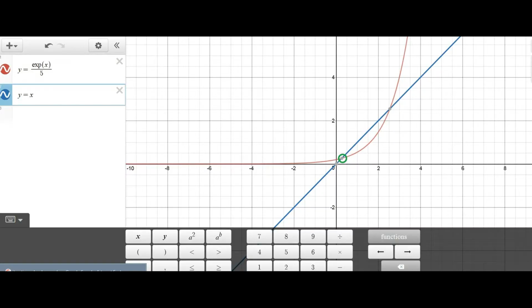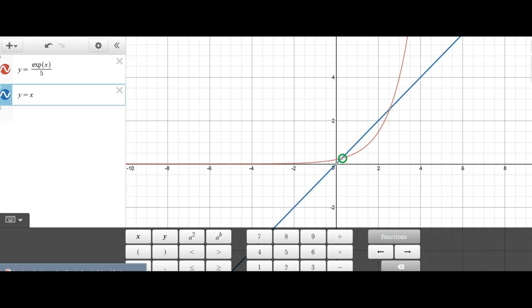So looking at this screenshot, y is equal to x, that line is drawn in blue, and I have y is equal to e to the x over 5, which is drawn in red. And I've highlighted the root that we're looking at.